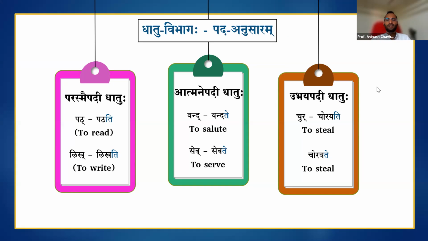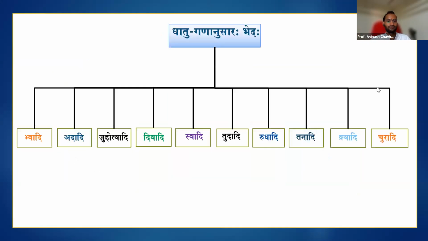And again, all these roots are categorized into ganas. So now let's see the gana anusaram categories. Some dhatus are known as bhvadi gana, like bhavati, gacchati, pibati, etc. Those belong to bhvadi gana.